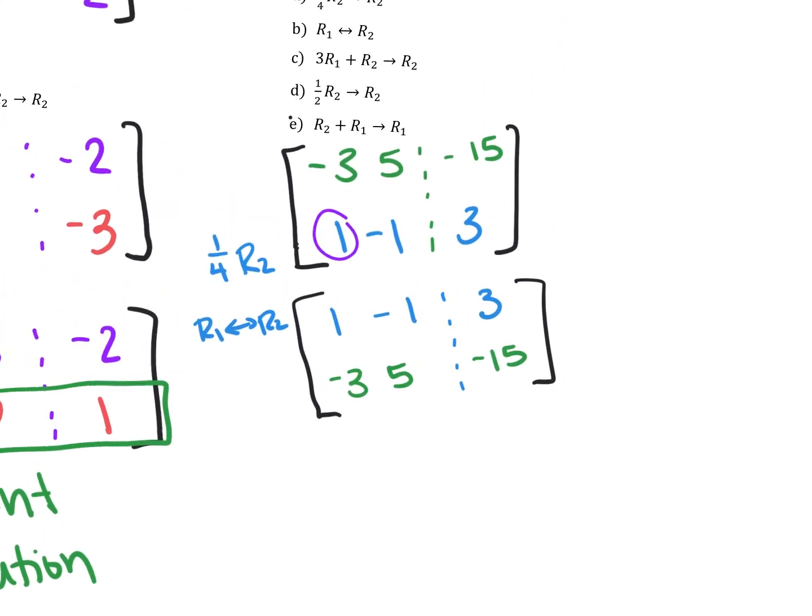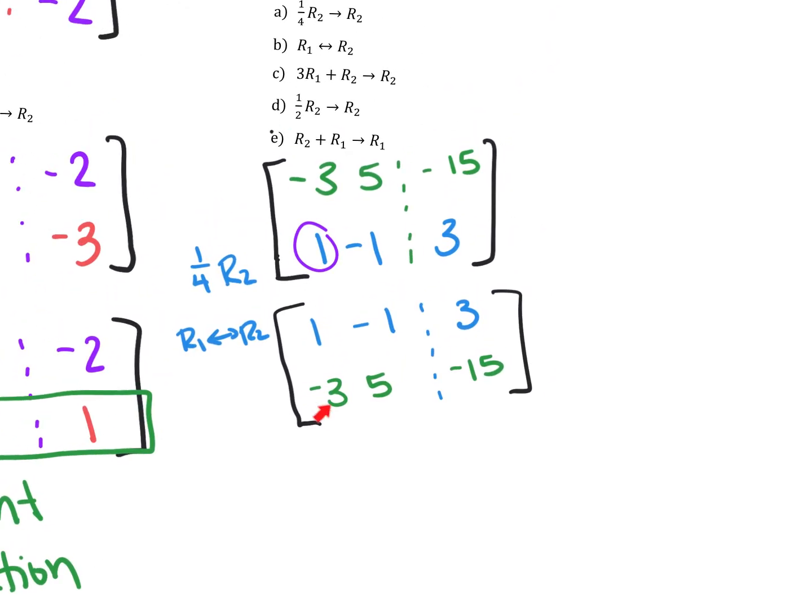Now, the next step, we want to get the 0 sitting right here. Remember, to get zeros I have to multiply and add rows. So to get the 0 there, I'm going to do 3R1 plus R2, because if I multiply R1 by 3, this 3 is going to add up with this -3 and become a 0. I'm not going to touch the first row.